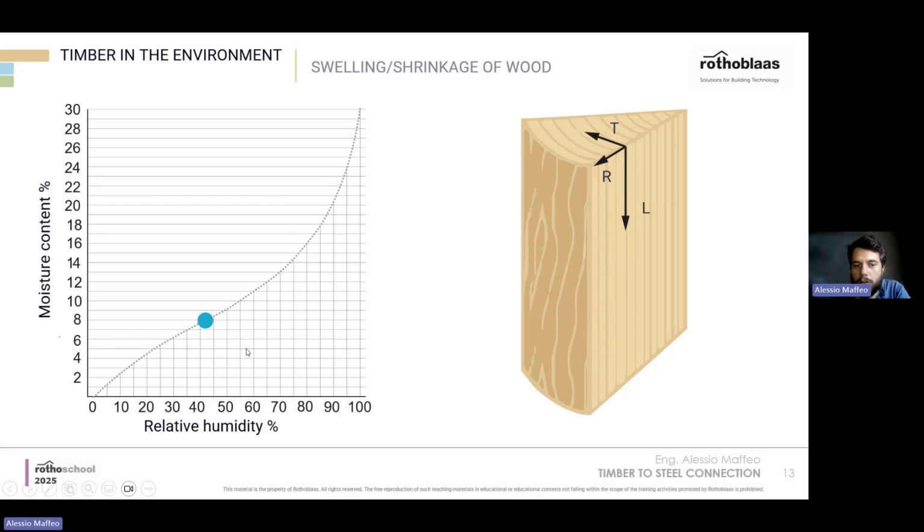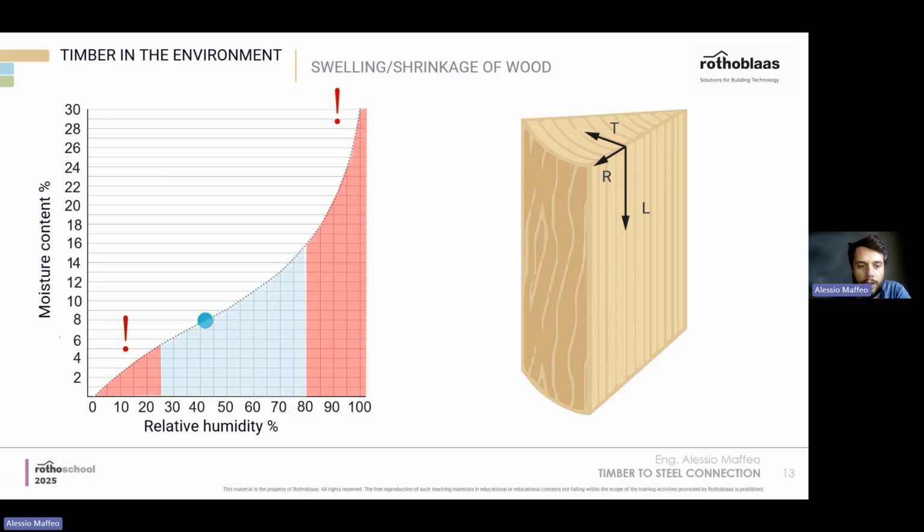Generally, our normal conditions are between 30% and 60%, which means that timber has a moisture content of around 8%, 10%, 12%, maybe a bit less, but more or less we are around 8, 10% of moisture content.